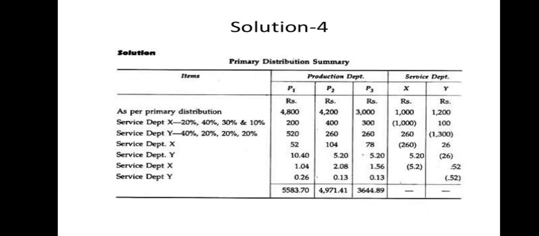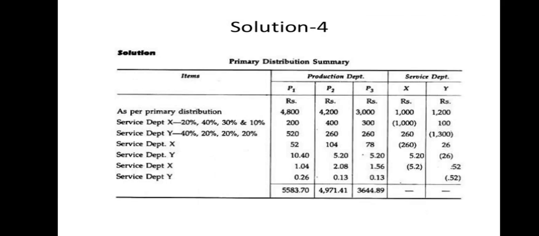Next, service department percentages. So percentages are given. So when percentages are given, 20%, 40%, 30% and 10% of what? Of department X, 1,000 rupees. So 1,000 rupees into 20 by 100, that is 200 for production department 1.